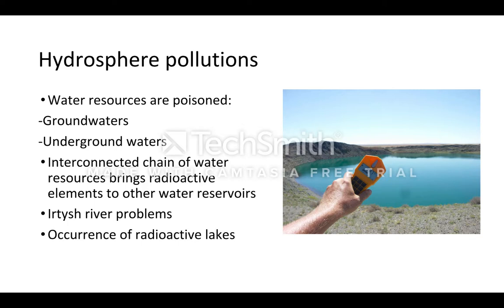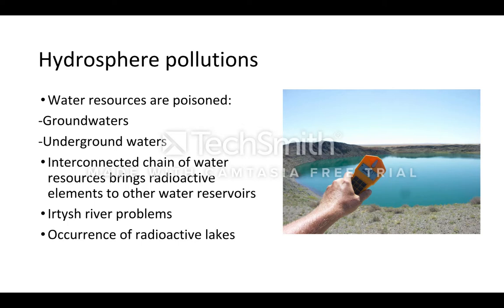There are also toxic trace elements such as aluminium, mercury, and copper, to name a few. Most of these elements come from mines or from industries. In our case, an interconnected chain of water resources brings radioactive elements to other water reservoirs, so radioactive lakes occur.